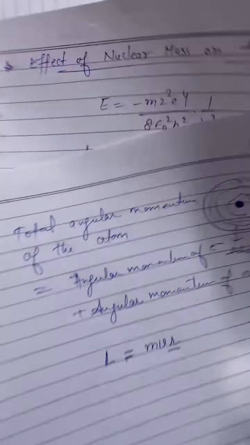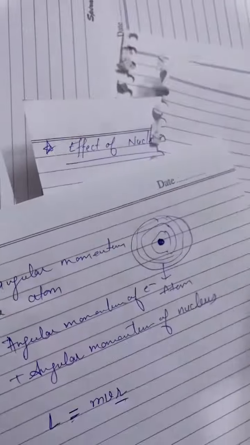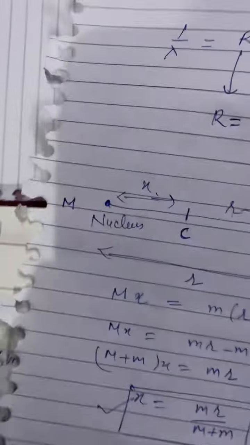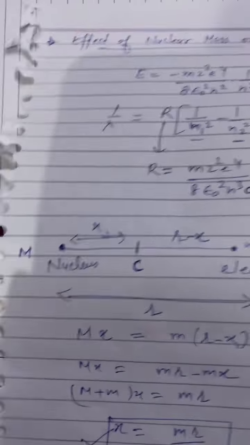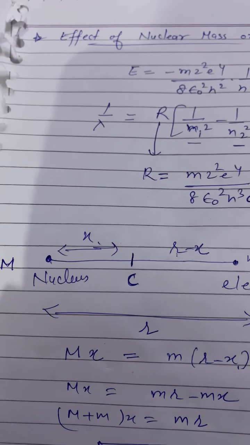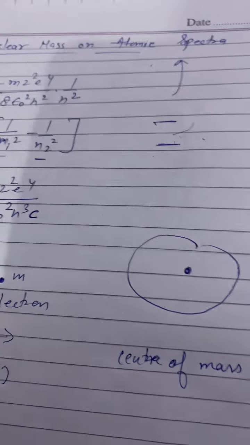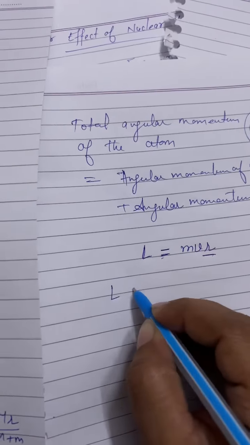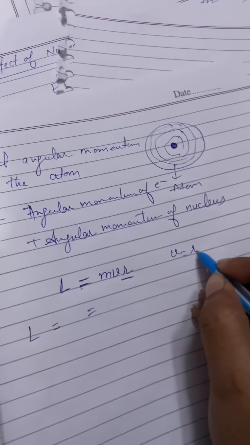Now in this case, if we see here, the perpendicular distance is x. This is the perpendicular distance of nucleus from the center of mass. So the angular momentum of nucleus will be L is equal to, we know v is equal to r omega.